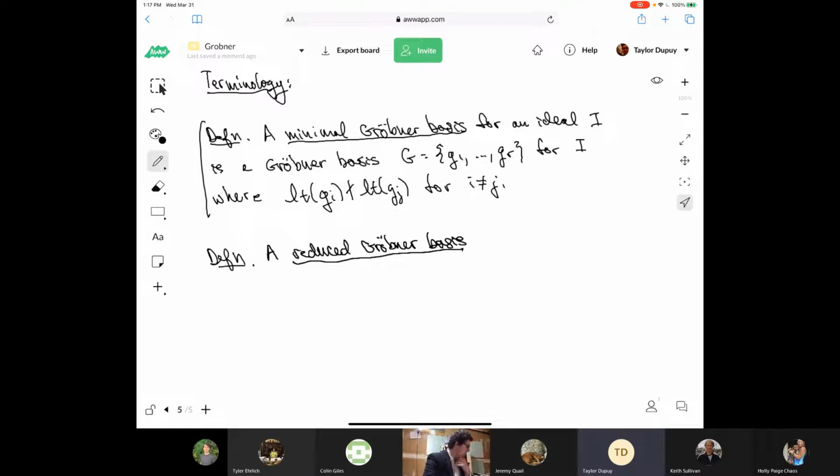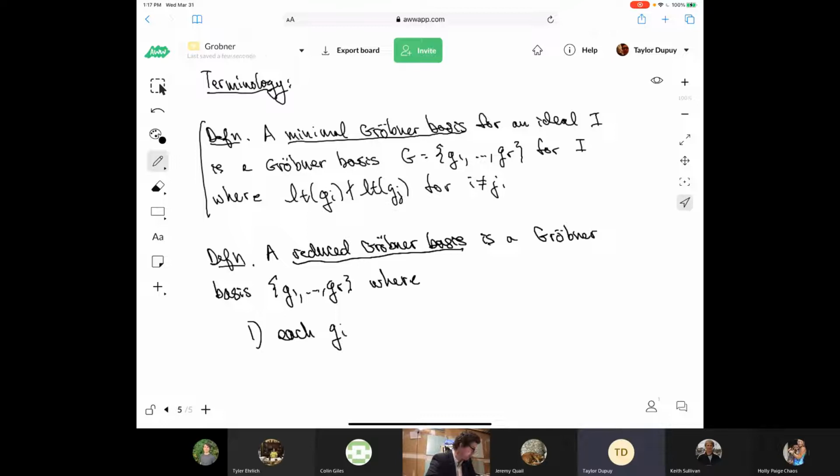So a reduced Groebner basis is a Groebner basis, again, for an ideal, G1 through GR, that satisfies a stronger condition, where, again, for all of this, a term order needs to be specified. 1, each GI is monic.